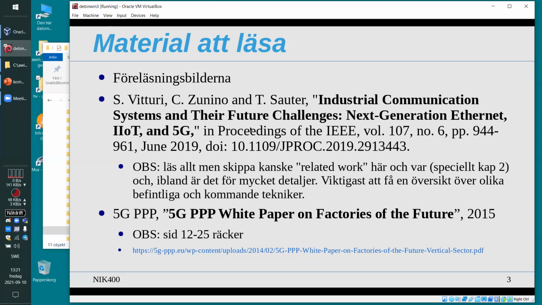The first one is a little bit about industrial communication, but also the future, the next generation Ethernet, industrial IoT and 5G. And then it's a white paper on 5G and how they think that 5G will help factories. So both of these articles are interesting.